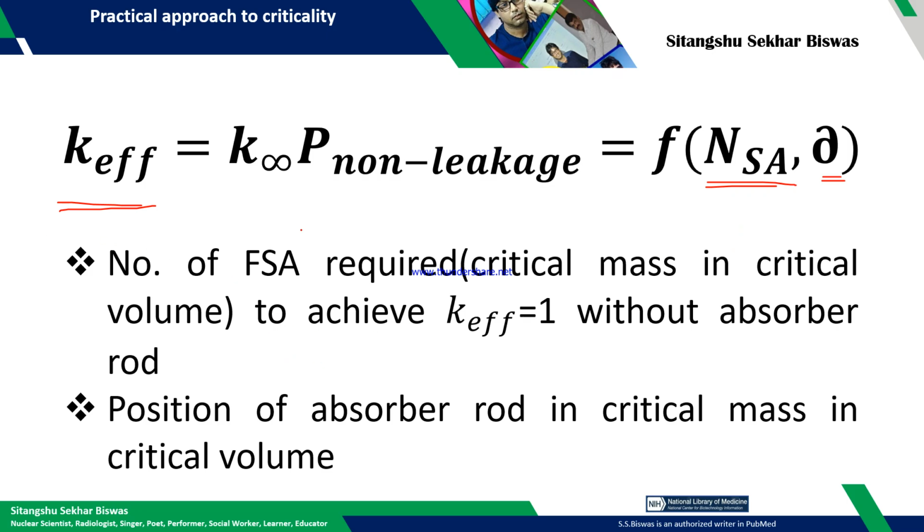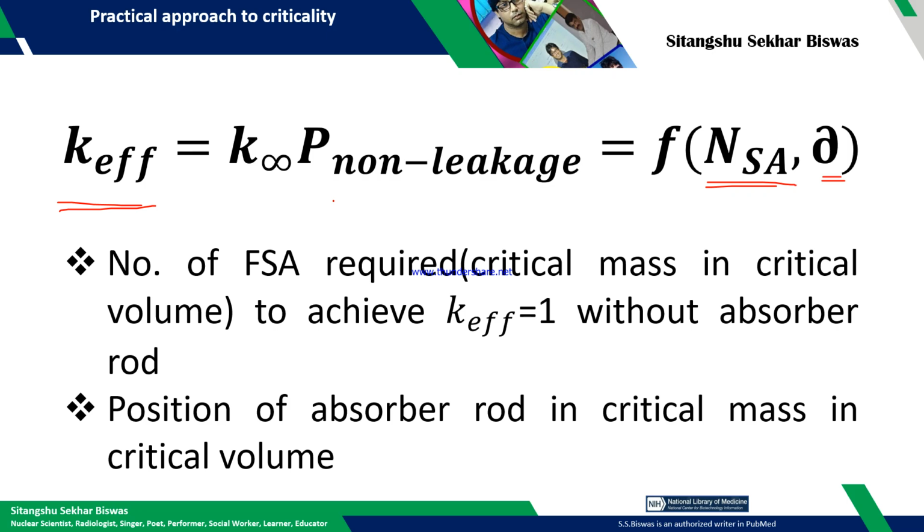So from this discussion, before going for criticality we need to verify, because based on the design value, the number of subassemblies required for criticality has already been designed and calculated. This is to be verified. Using some methodology, we need to find the number of subassemblies required to achieve k effective equal to 1 without the absorber rod.